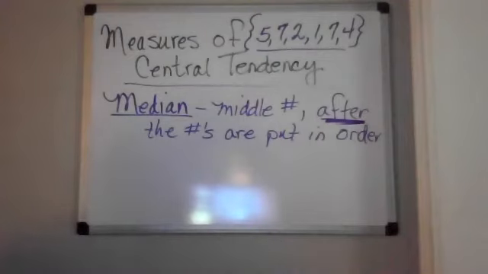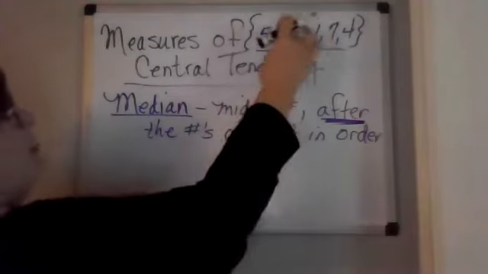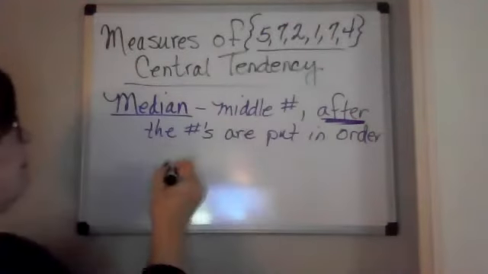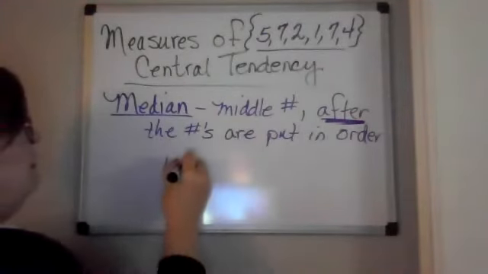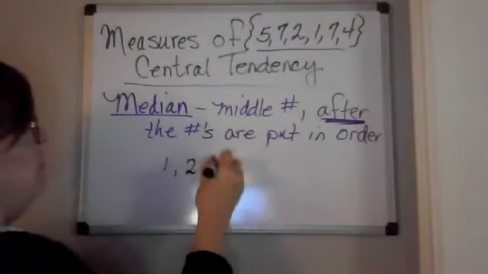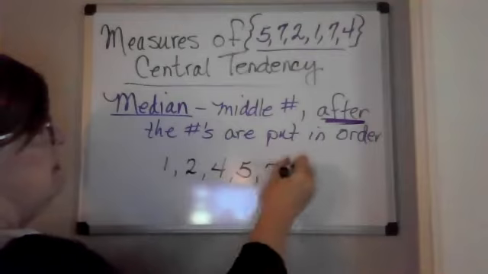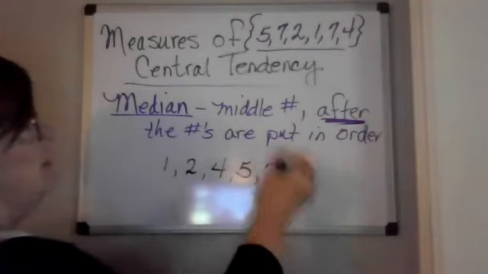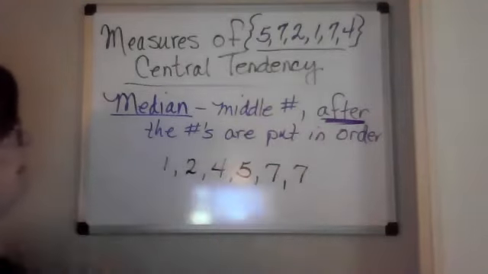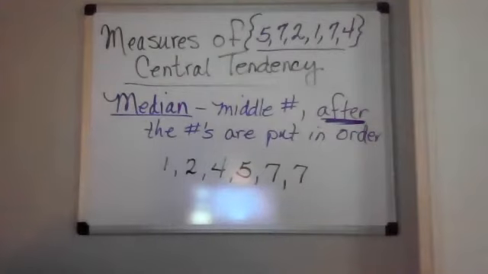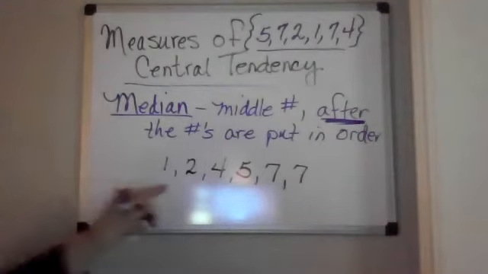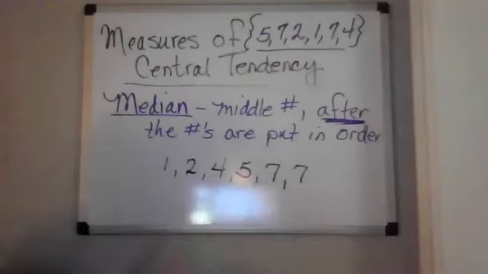So let's begin. Looks like 1, 2, 4, 5, 7, 7. Is that it? Yes. That's 1, 2, 3, 4, 5, 6.